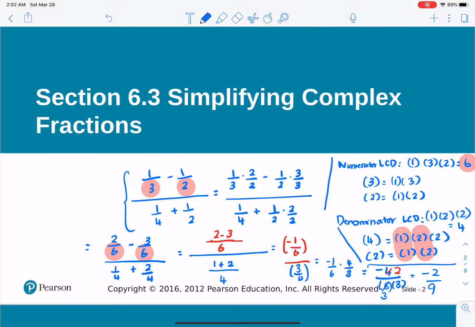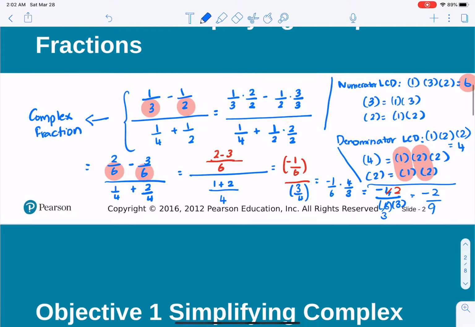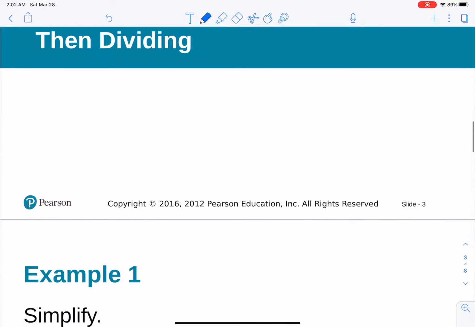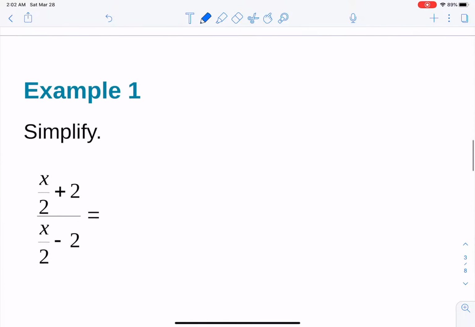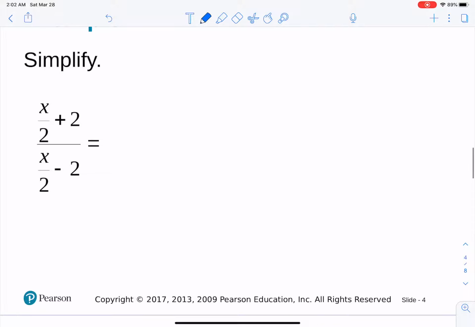So what we have here is a complex fraction because it has fractions divided by fractions, and the entire thing is a fraction. So what do we do when we have expressions such as that?